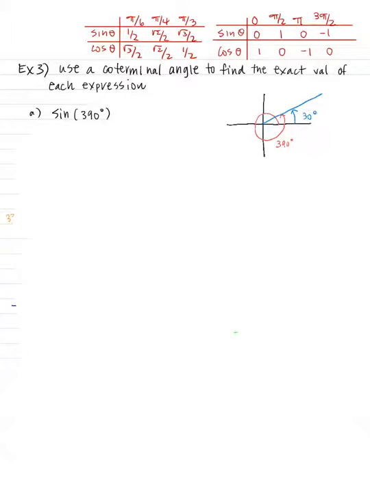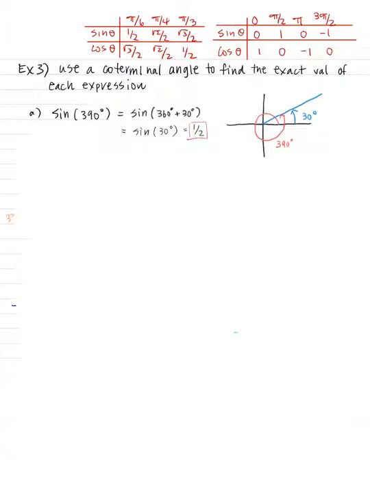If I have to show all of my work, notice that sine of 390 is the same thing as sine of 360 plus 30 degrees, which is the same thing as sine of 30 degrees, which is 1/2. So sine of 390 degrees gives us exactly the same value as sine of 30 degrees, which is 1/2.